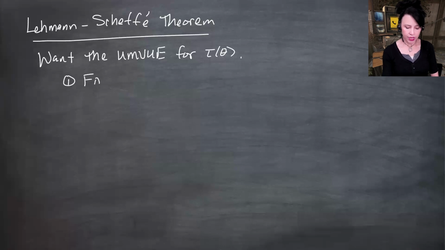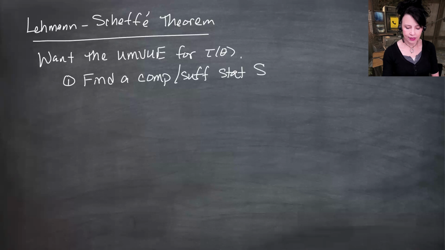Step one is to find a complete and sufficient statistic S. Now, if the parameter is not in the indicator, this is almost always going to be to look at the exponential family factorizations. They may fail, but that's where I'd look first if the parameter is not in the indicator.